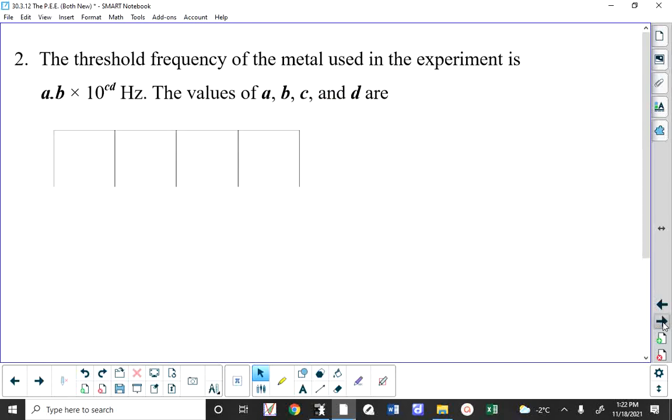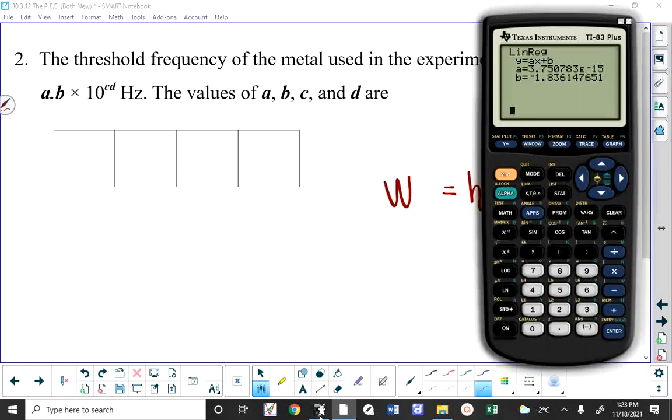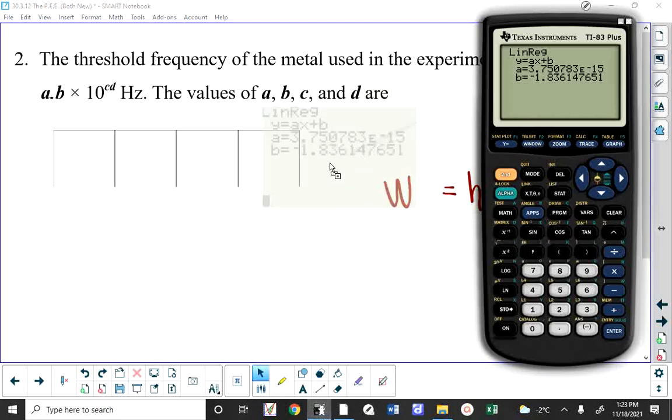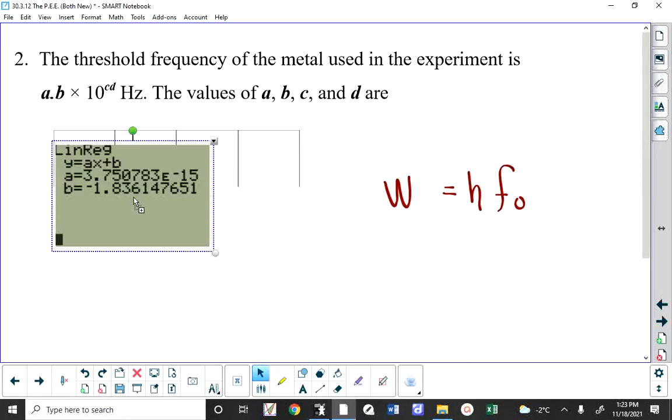What's the threshold frequency of the metal? Well, I do believe the best thing for you to do here is to use the formula: work function equals Planck's constant times the threshold frequency, except we're going to go with the numbers from the calculator. The work function was 1.84 eV.